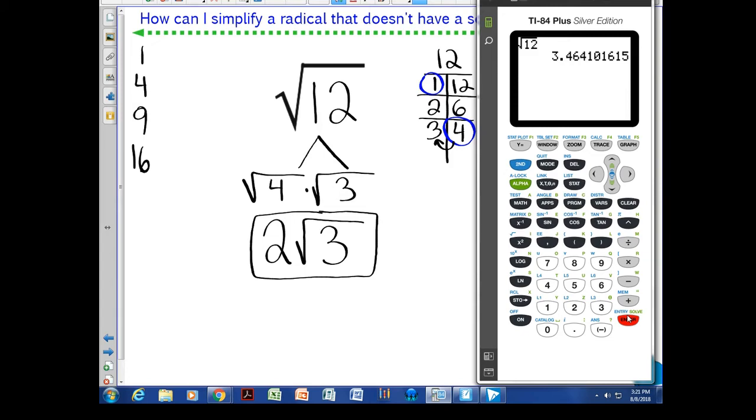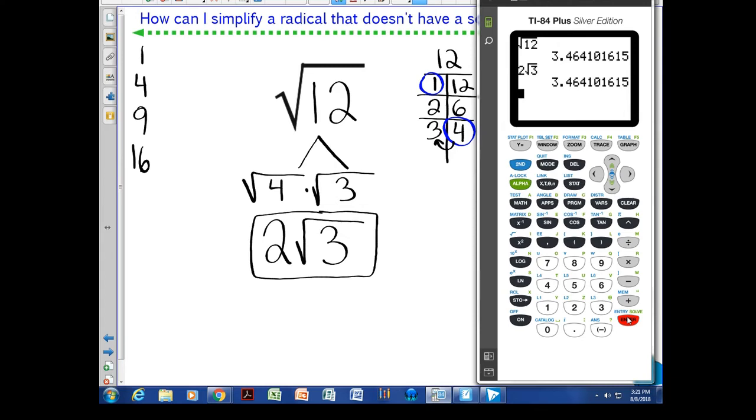Well, if I simplified it correctly, 2 radical 3 should be exactly the same as radical 12. So in the calculator, without clearing out radical 12, I'm going to put 2 second x squared 3, 2 radical 3, and hit enter. And if those 2 crazy decimals are exactly the same, then odds are I simplified my radical correctly.